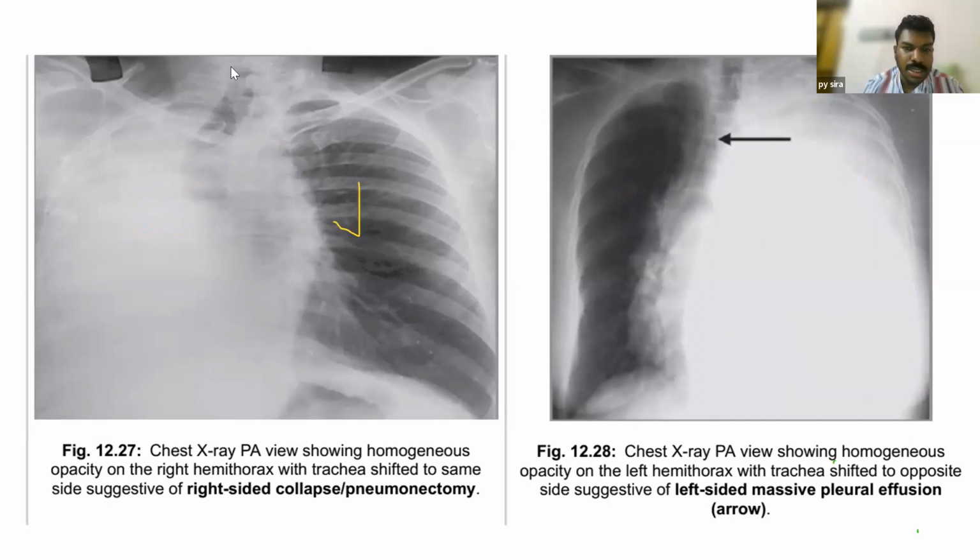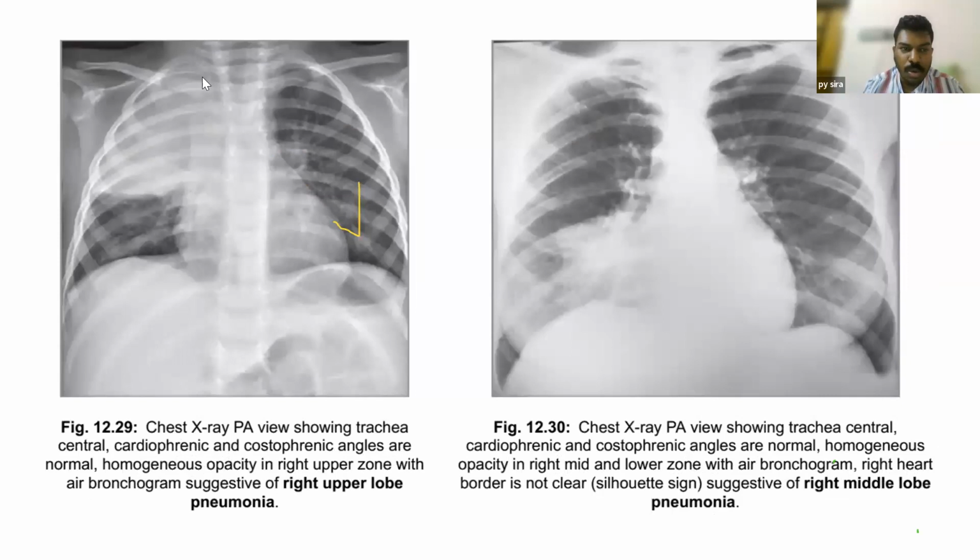Then next is again pneumonia. You can see the right upper lobe pneumonia. Here you can see the lower lobe pneumonia, or middle lobe pneumonia, more of middle lobe. Lower lobe means you have to go more posterior, only posteriorly can you see it.